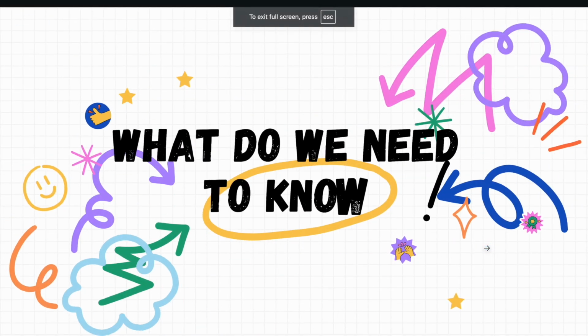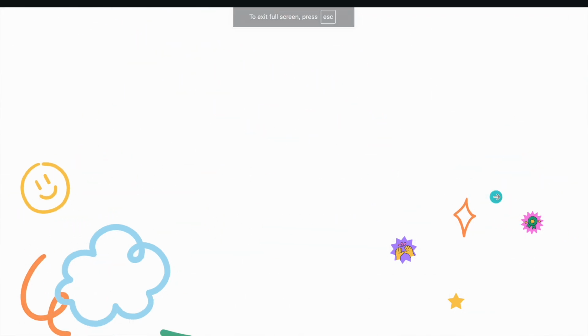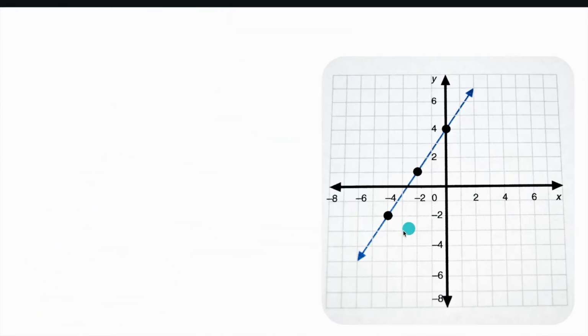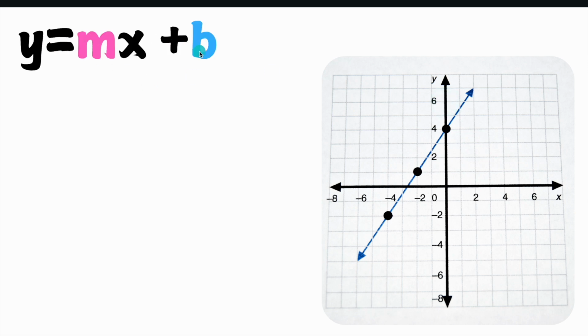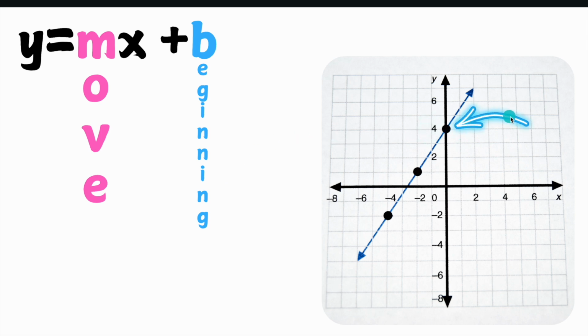What do we need to know? We need to remember that every linear function is going to follow the equation y equals mx plus b, where m represents how the line moves and b represents the beginning of the line. So in this case, b will be this point, the beginning in this example will be 4.